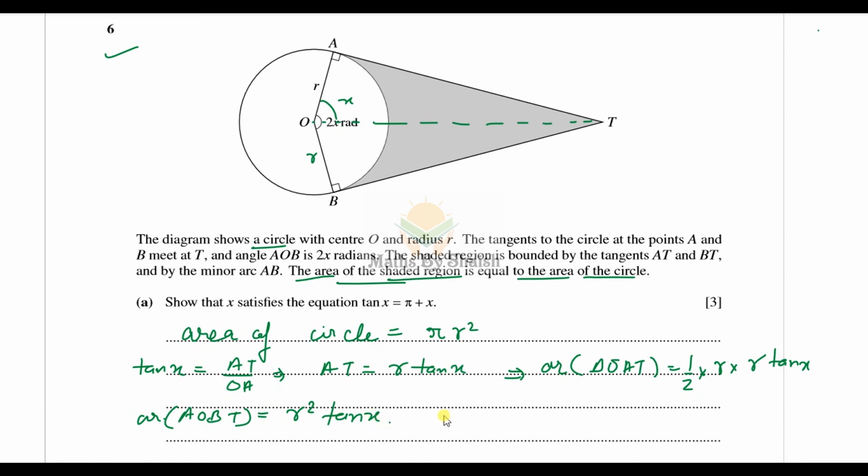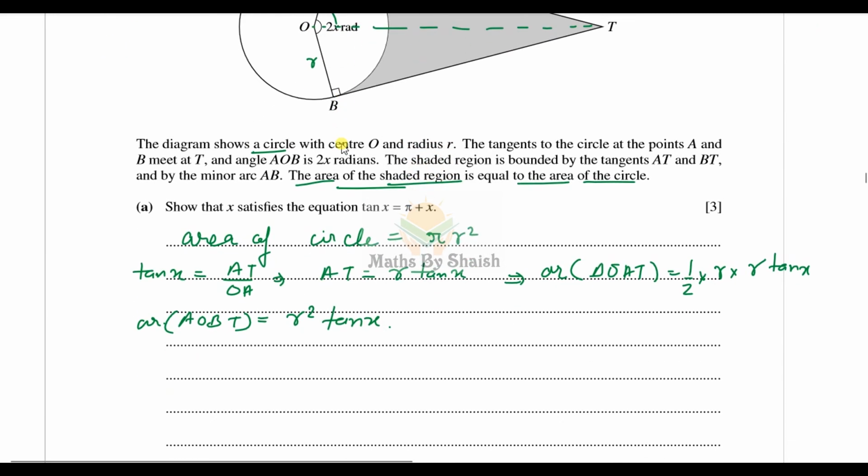And now we'll find the area of the sector with angle 2x. The area of sector AOB is going to be 1 by 2 r square theta, in this case theta is 2 times x, so these two got cancelled, and you get r square x.